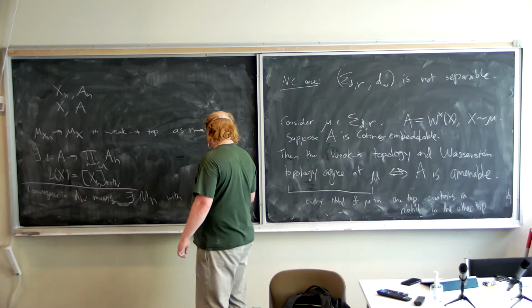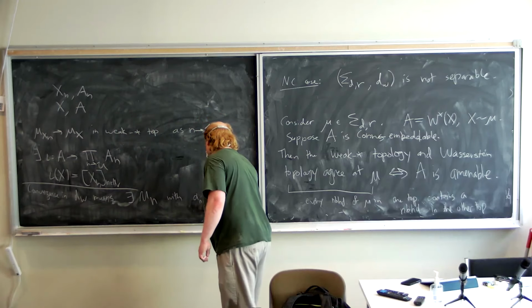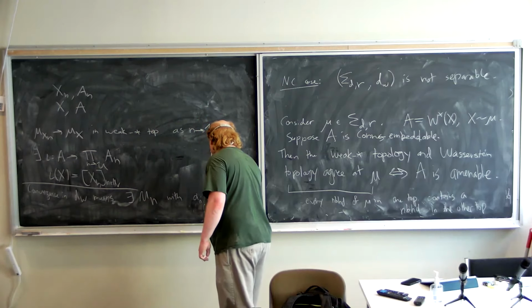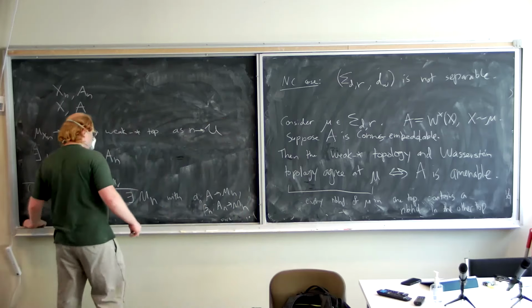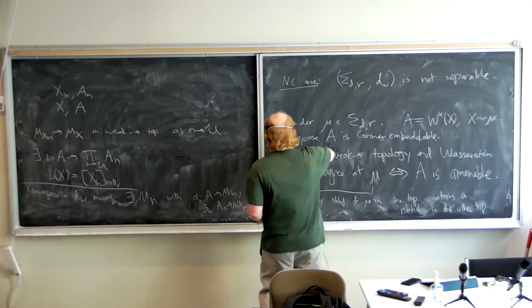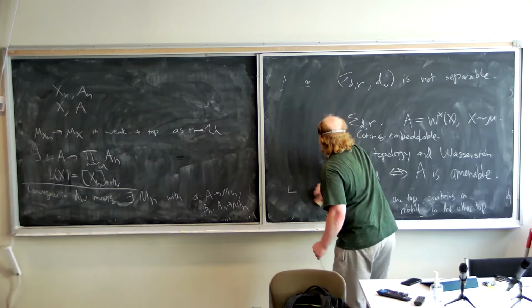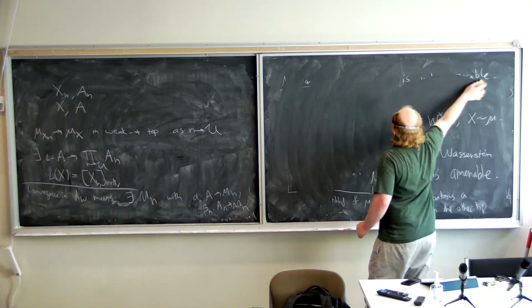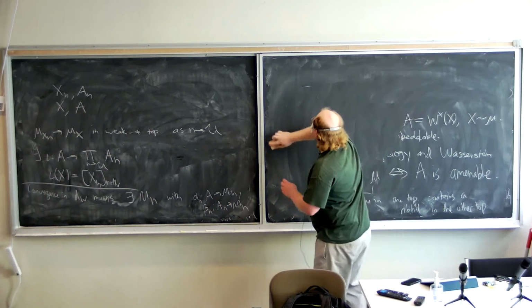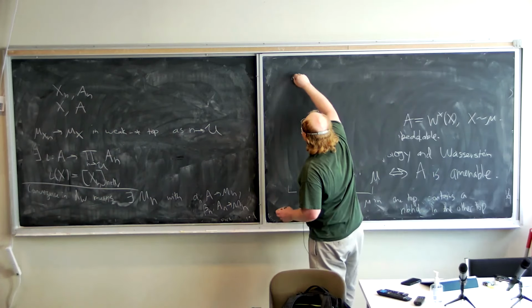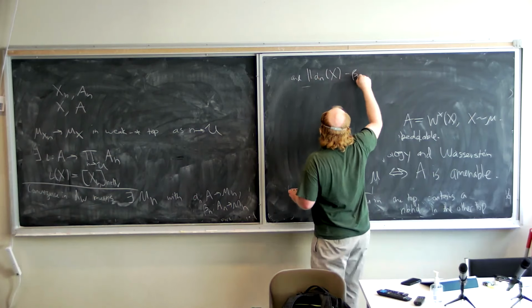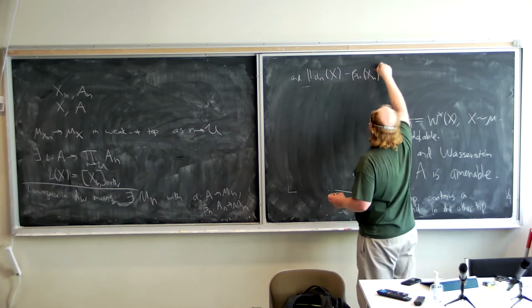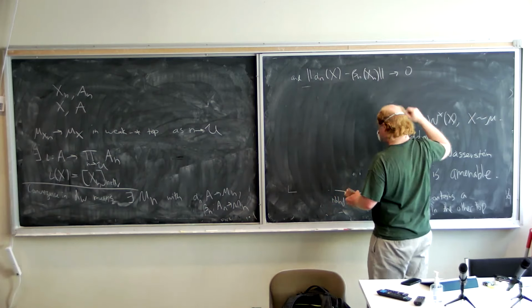So A is embedded into Mn and An is embedded into Mn. And the distance between alpha n of x and beta n of xn goes to 0.